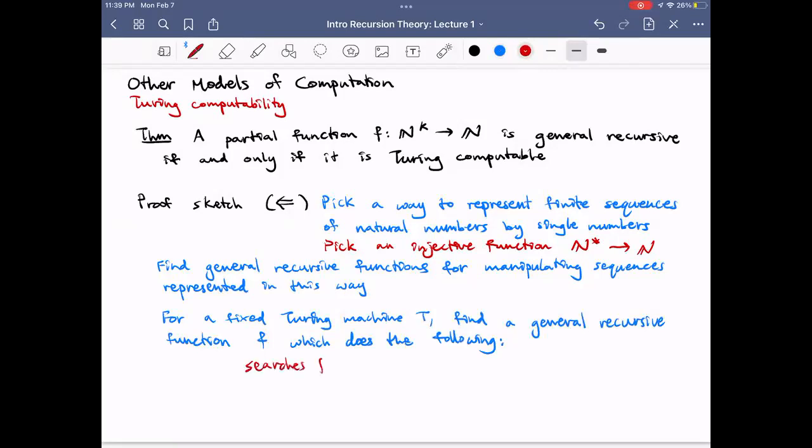It searches for a number M which represents a sequence, which is like the entire sequence of what the Turing machine is doing.